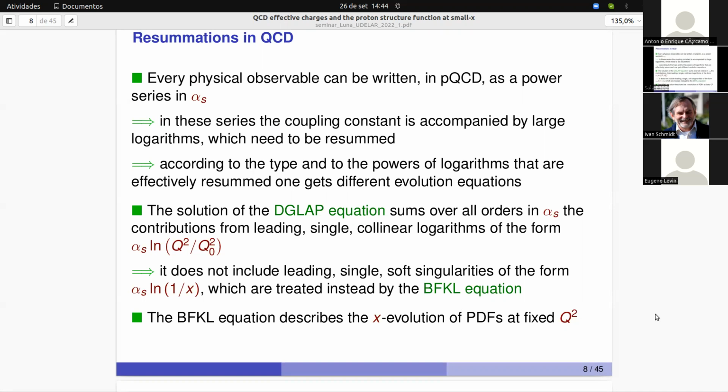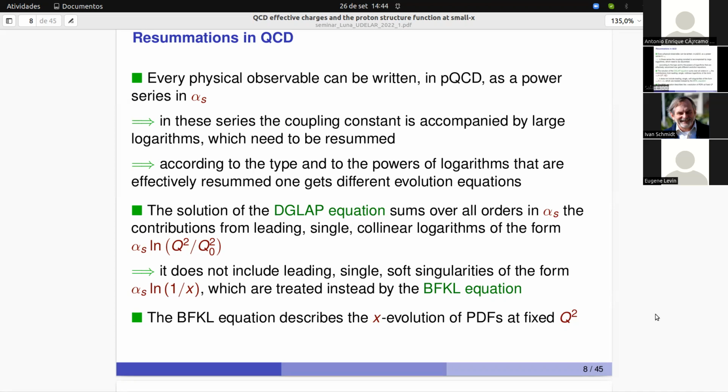This is the virtuality of the photon, you can see it this way. To sum this kind of logarithm, you can use the DGLAP equation, because the DGLAP equation sums contributions like that to all orders in the coupling.